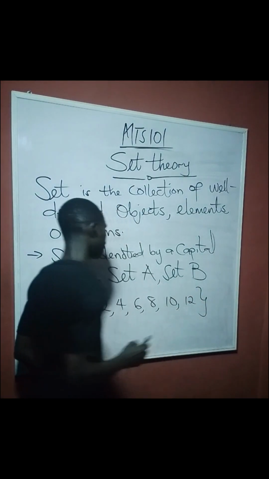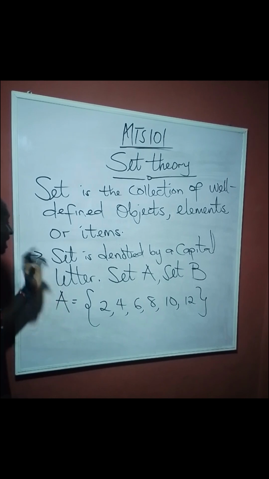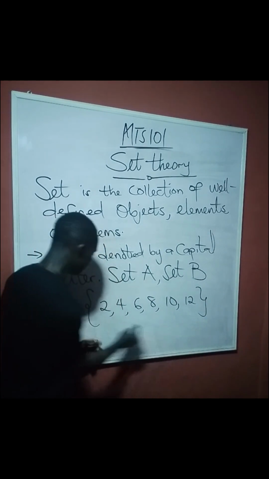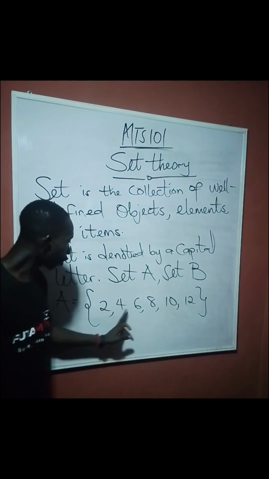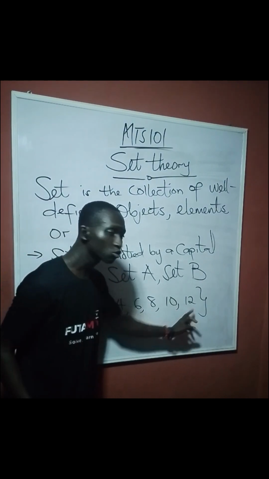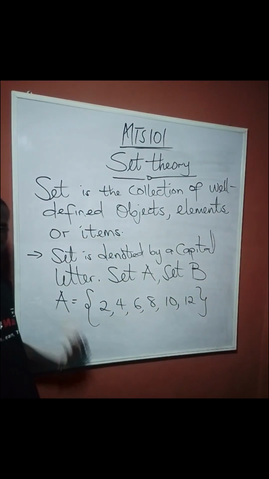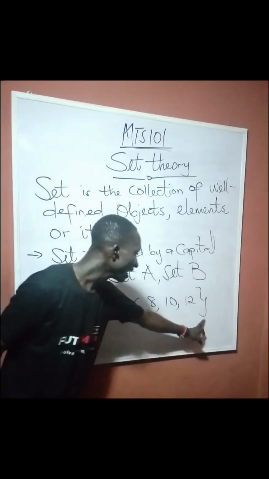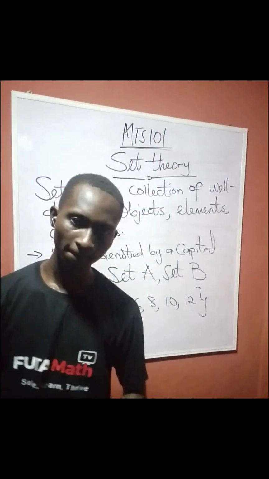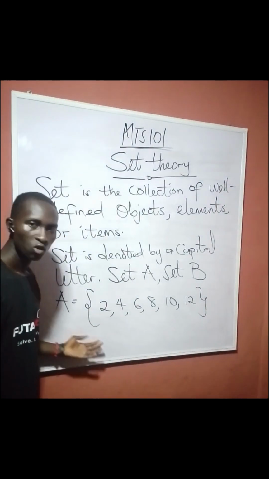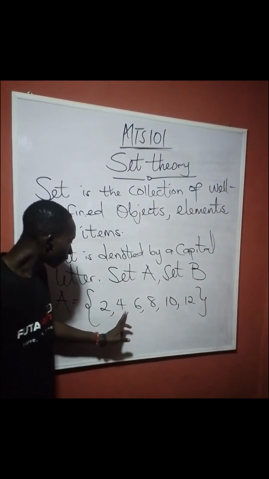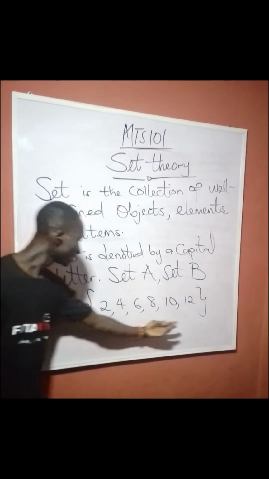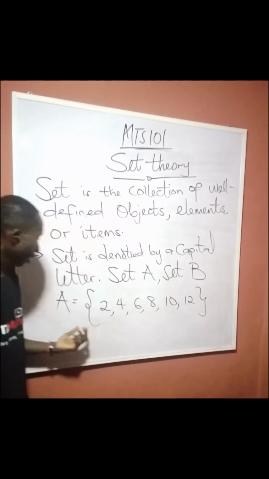Now, as I said, a set is denoted by a capital letter, and the elements, 2, 4, 6, 8, 10, and 12, are elements of set A. And they are all enclosed in a curly bracket. That is what a set is. You can see that 2, 4, 6 has a particular pattern in which they move. We can call this a sequence of numbers which belong to set A.